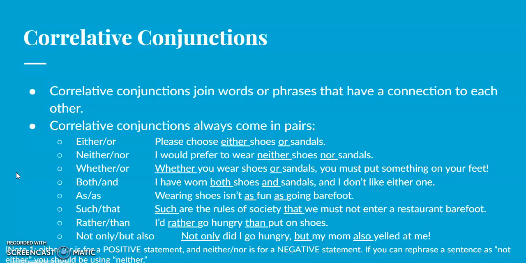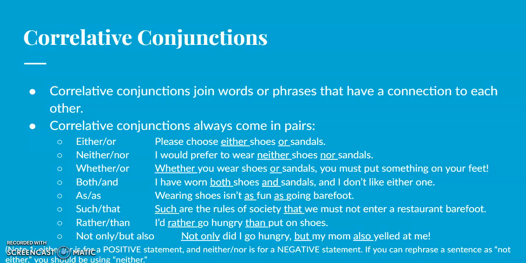The third and final kind of conjunction that we're going to look at is the correlative conjunction. A correlative conjunction joins two words or phrases that have a connection or a relationship to each other. It's another one of those right there in the word kind of things. Co means together, and relative means that they have a relationship.